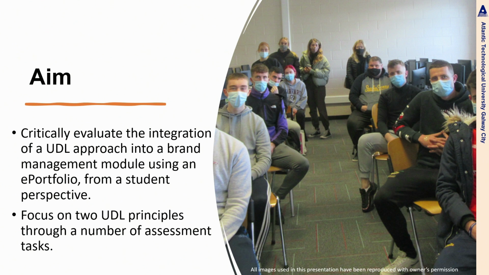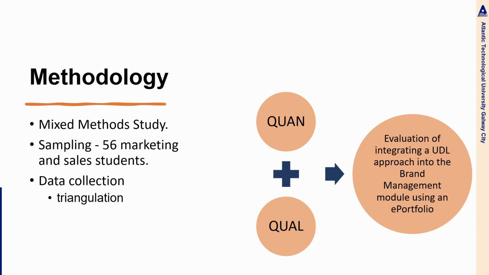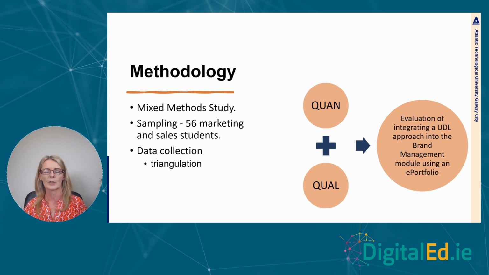I had done a lot on multiple means of representation before, so this time I wanted to focus on the second two principles, multiple means of engagement and multiple means of action and expression. The methodology I used was a mixed method study. My sample was 56 year 4 marketing and sales students, and I used a triangulation approach in terms of the data collection.